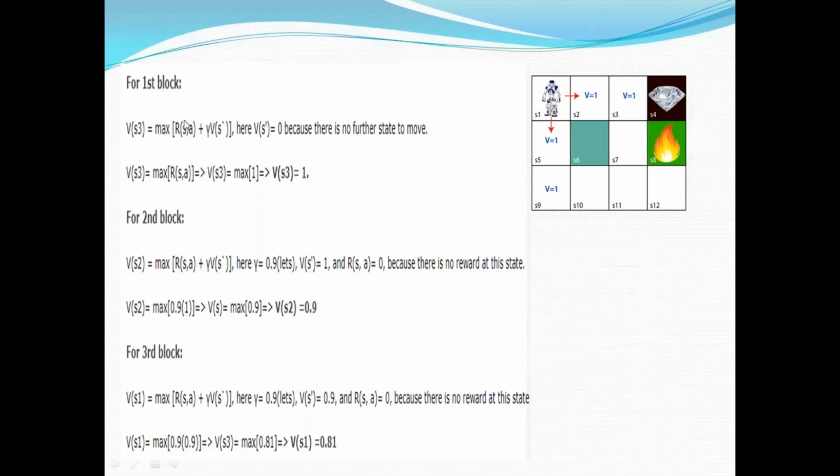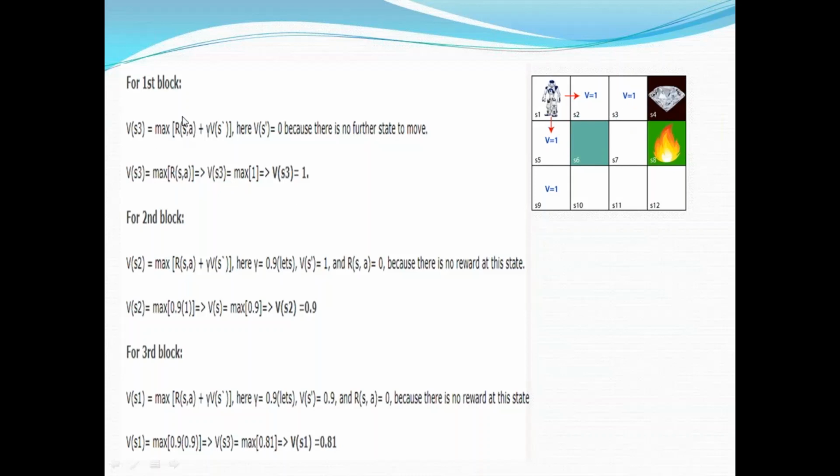Max of R of S comma A plus... Here you won't be taking any max values because there is no different movement, you are taking one step at a time. If you are taking more complex problems, you'll take the max of all these things. Here, considering the first block S3, what will be the value of S3?